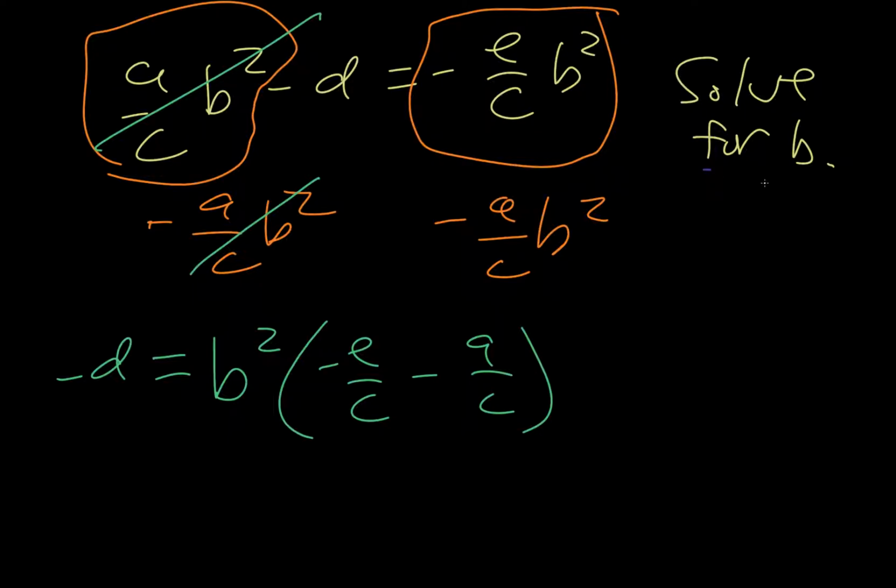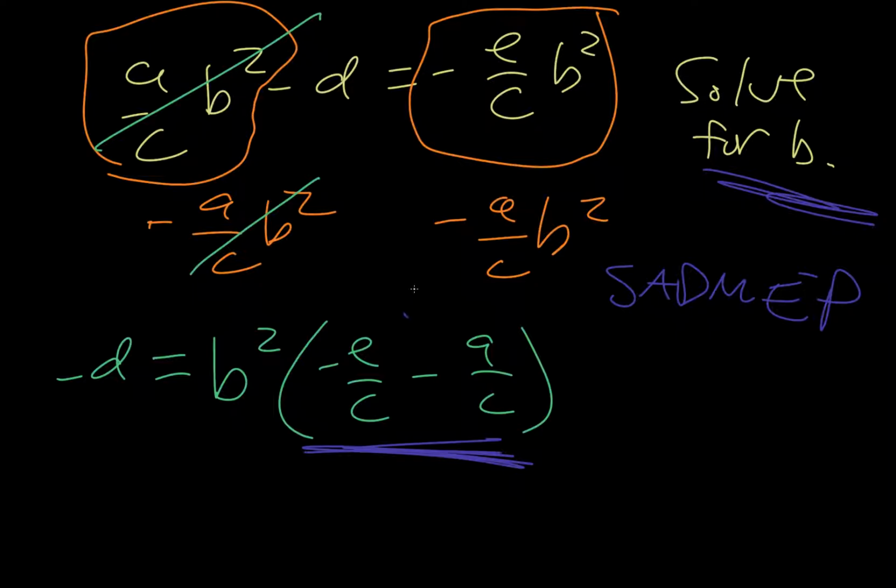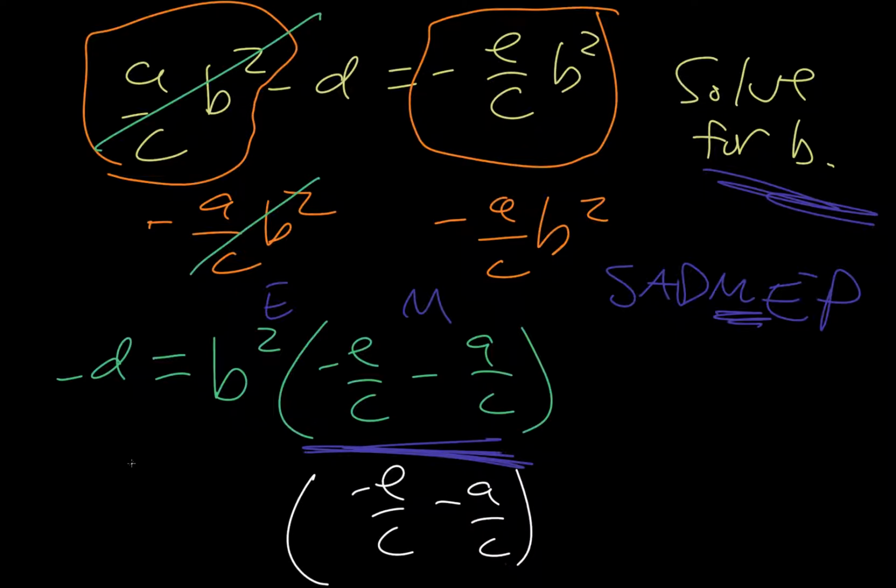All right, remember we're solving for b, and if we're following SADMAP, this entire thing is considered multiplication because it's just something being multiplied by b. Then this is an exponent. So we take care of multiplication first, and the way we do that is division. We undo it with the inverse operation.